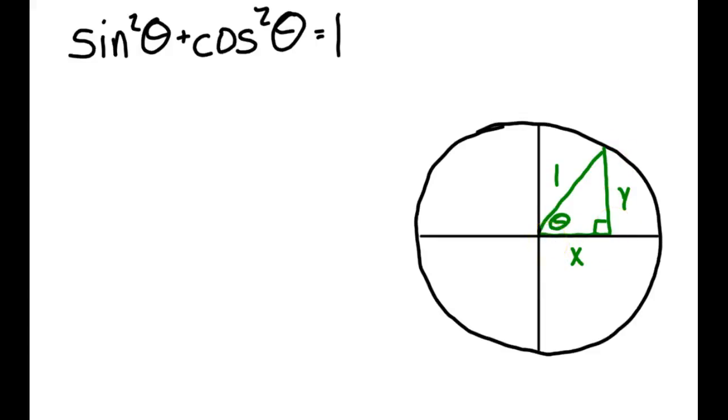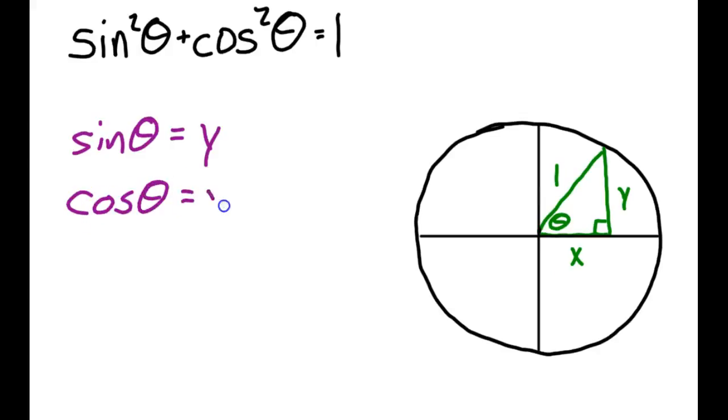The sine of theta is equal to the opposite over the hypotenuse, so y over 1, which is just y. Similarly, cosine of theta is equal to the adjacent over the hypotenuse, which is x over 1, which is just x.